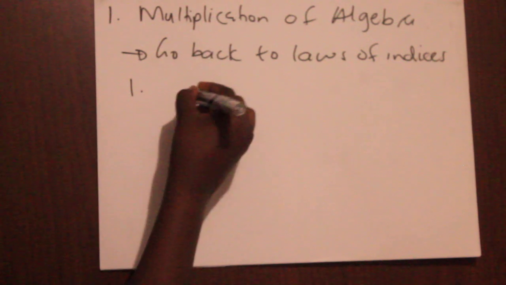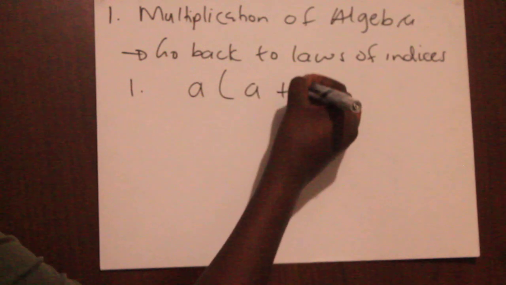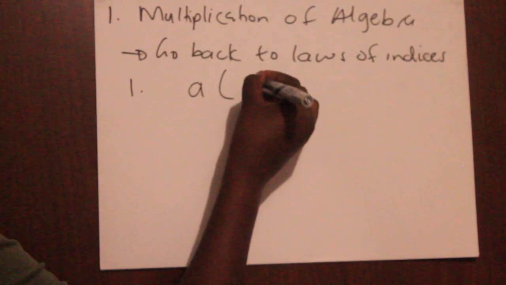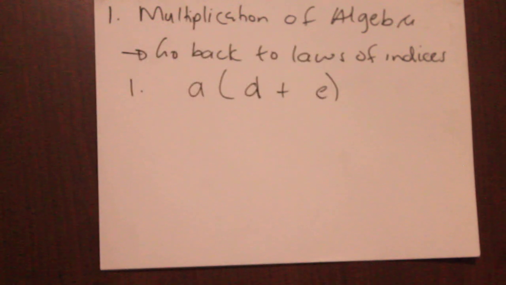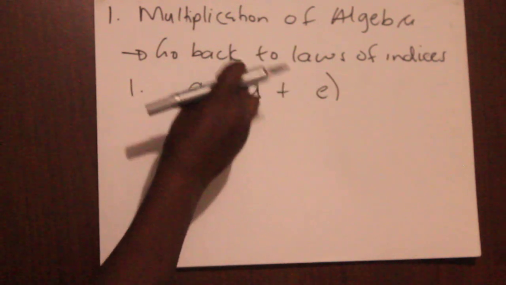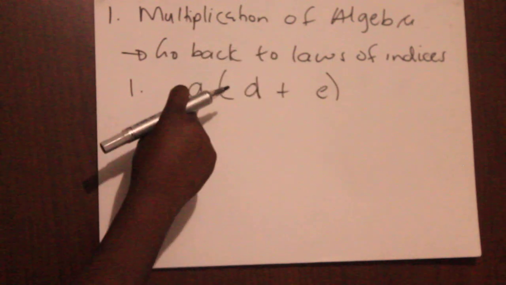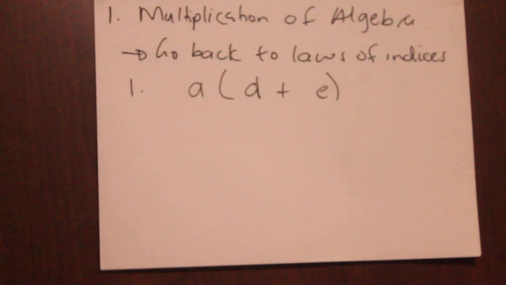Say we have a multiplied by (d plus e). So we have a single term, though this whole thing is a term, multiplying each of those in the bracket.